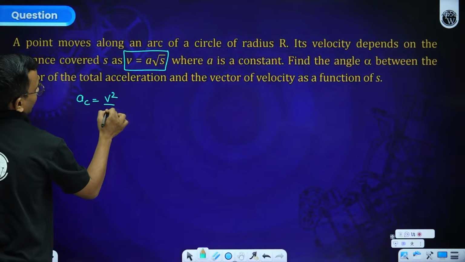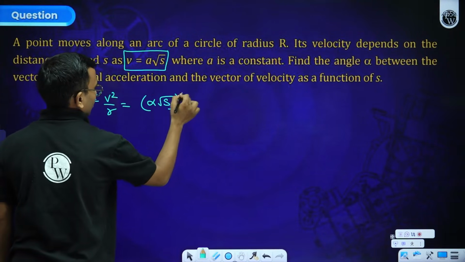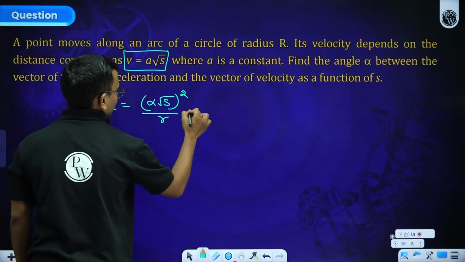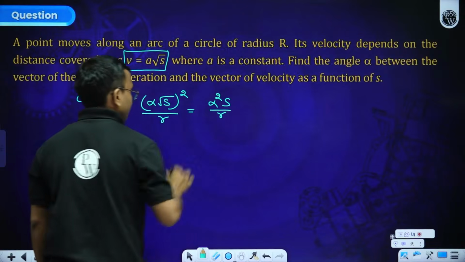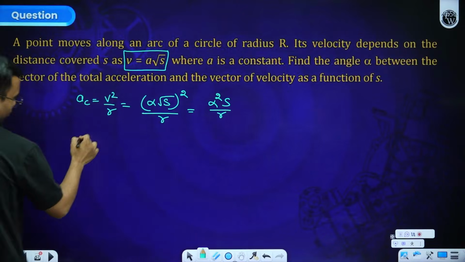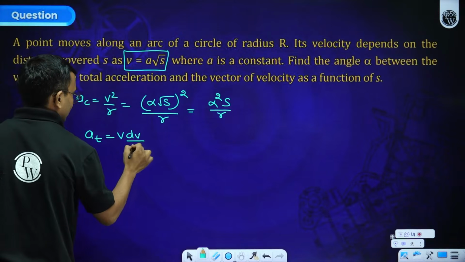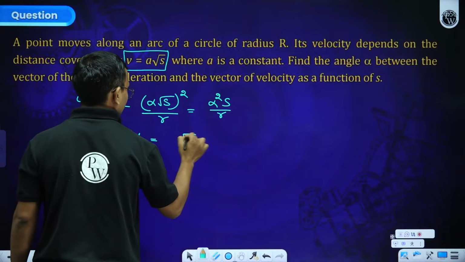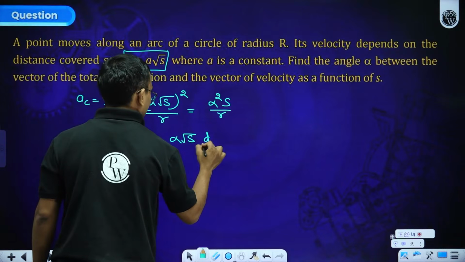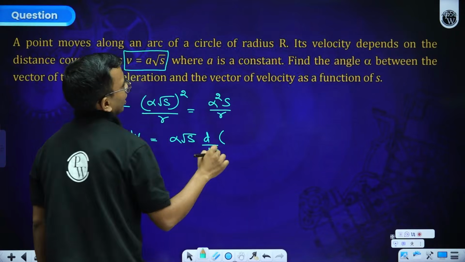What is centripetal acceleration? V square by r. What is V? Alpha root s. So this comes out to be alpha square s by r. Clear? What is tangential acceleration? V dv by ds. What is V? Alpha root s. Here it is alpha or A. I don't know.